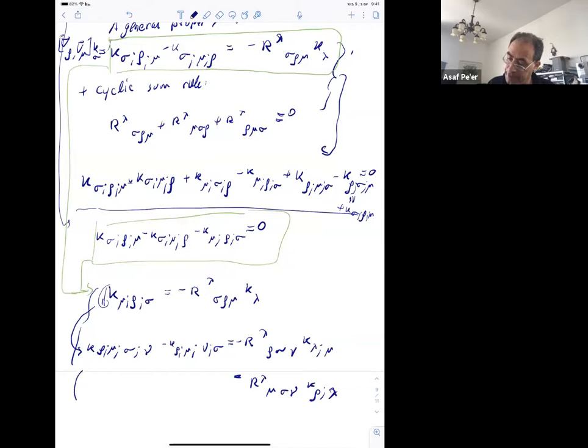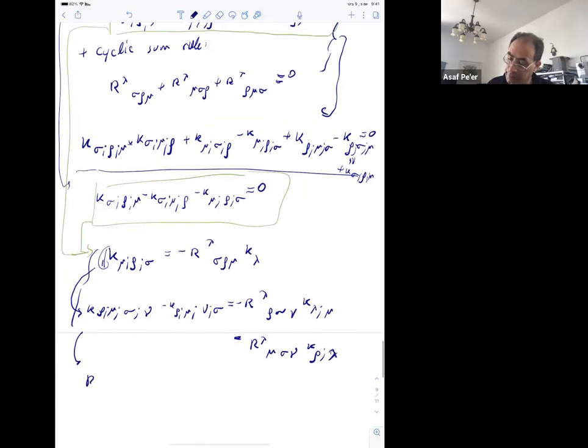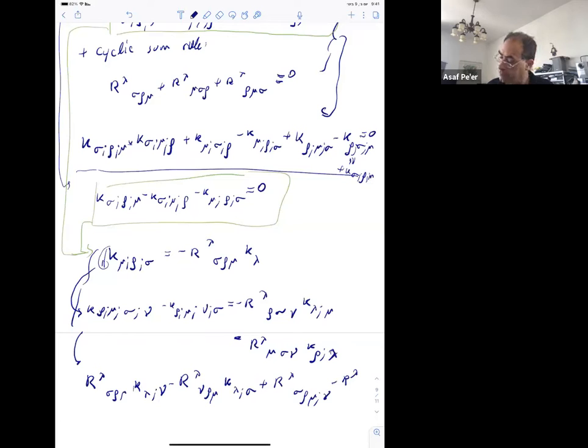And we end up with R lambda sigma rho mu K lambda mu minus R lambda mu rho mu K lambda sigma plus R lambda sigma rho mu derivative is mu minus R lambda mu rho mu derivative with sigma.